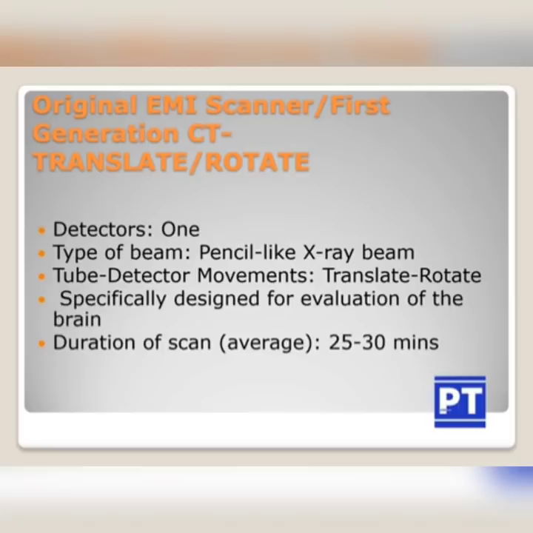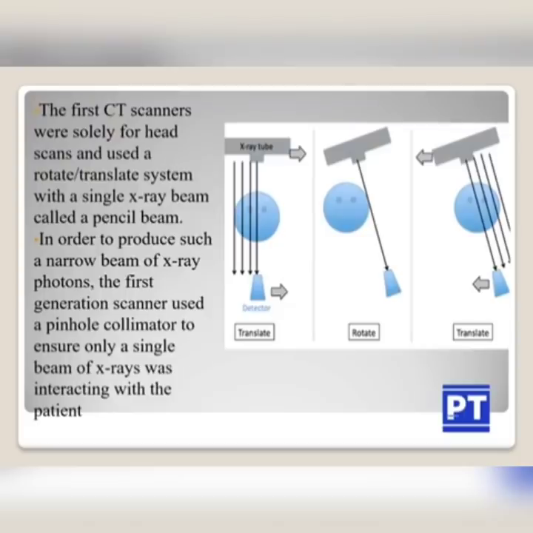The duration of the scan was about 25 to 30 minutes. You can see here the X-ray tube as well as the detector. There was only one detector, and you can see in the figure how it was moving linearly. After one linear movement is completed, the X-ray tube rotates.